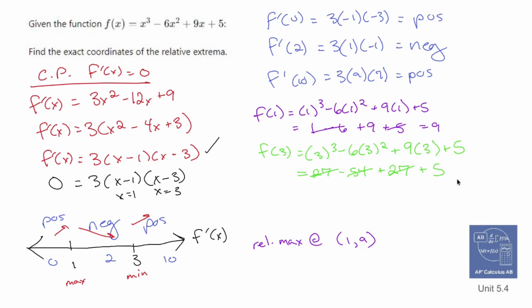And so you get 5, which means my relative minimum exists at the point (3, 5). And that is how you do it.